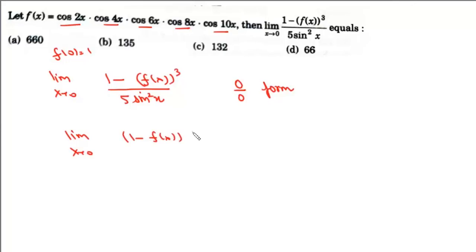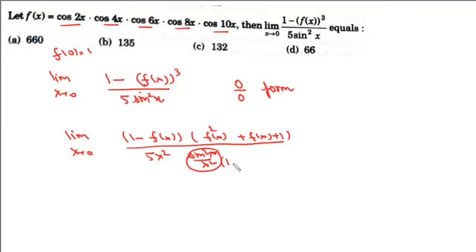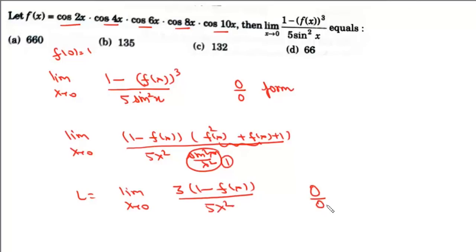Now we can write this as limit x tends to 0 of (1 minus f(x)) times (f square x plus f(x) plus 1) upon 5x square times sine square x upon x square. Now this is 1 and this value is 3, so we can write this limit as limit x tends to 0 of 3 into (1 minus f(x)) upon 5x square, which again is 0 upon 0 form.